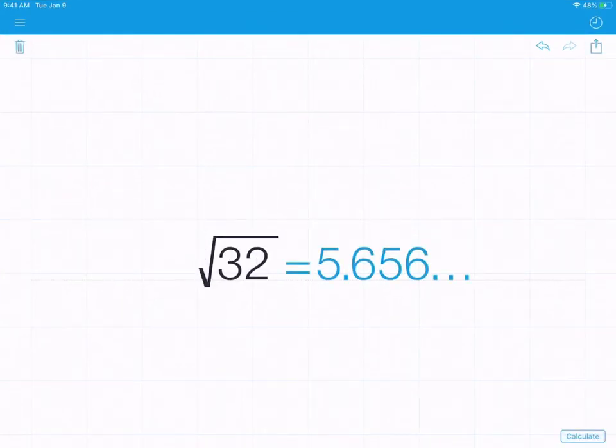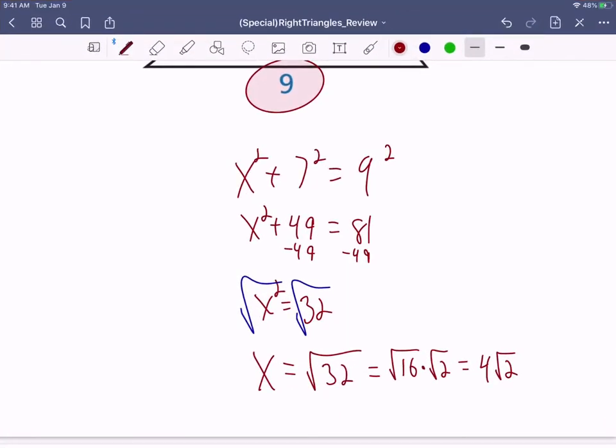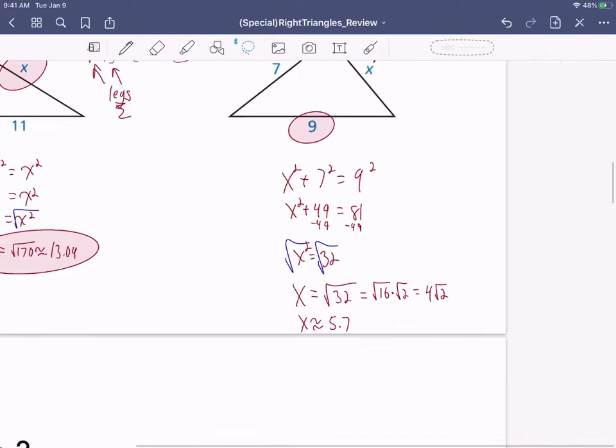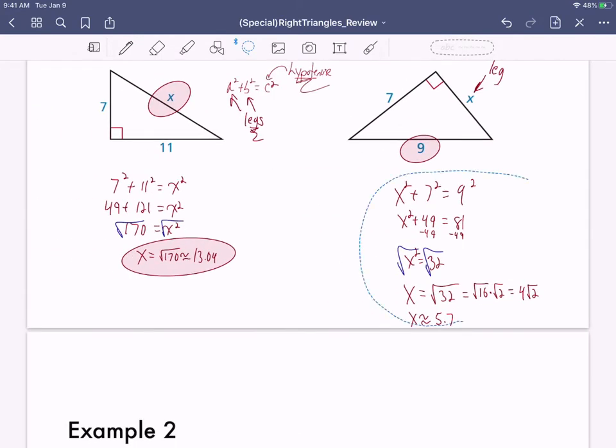If you were to go over here, the square root of 32 is going to be 5.7. You could say x is about equal to 5.7. Either way, both of those answers are acceptable.